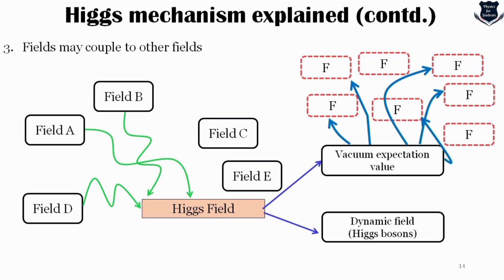It is interacting with those fields F, which are marked in orange. In return, these fields also interact with each other, as you can see, the black arrows. These are also the fields which are interacting with each other.